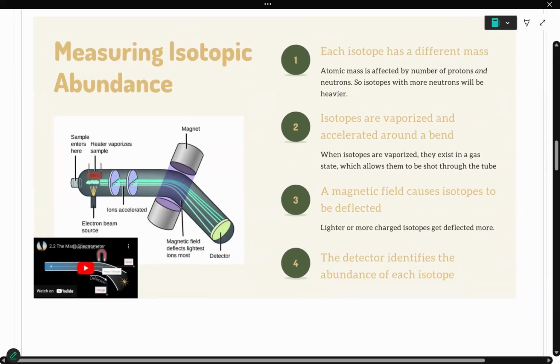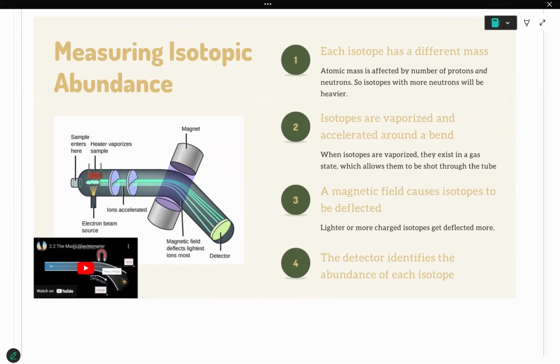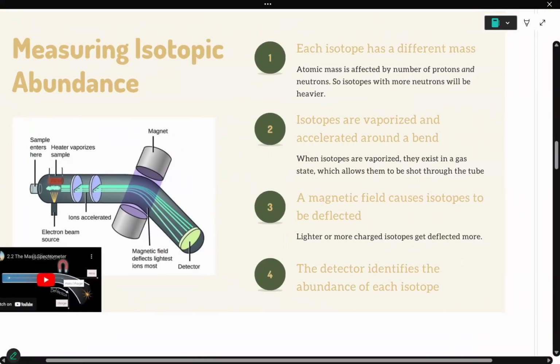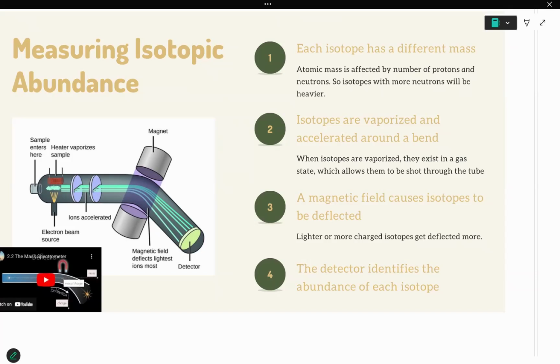When you are measuring isotopic abundance, it goes through a portion of a machine that looks like this. The idea behind it is that the atomic mass is going to be affected by how many neutrons and protons there are in the atom.